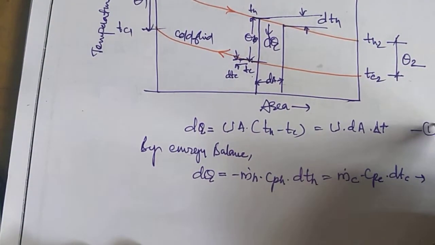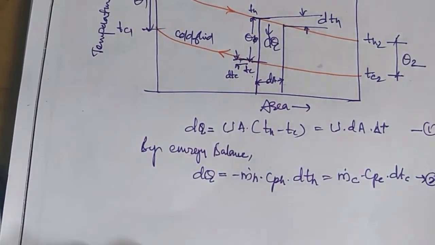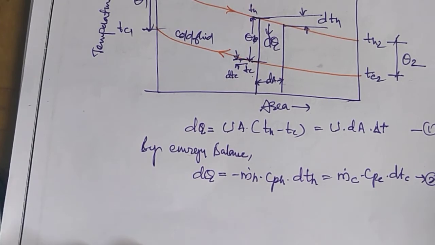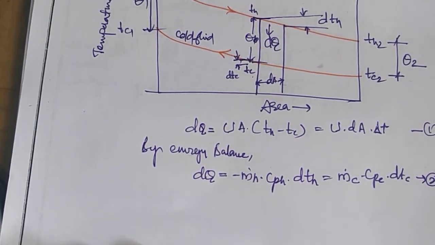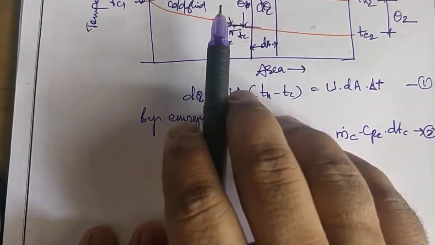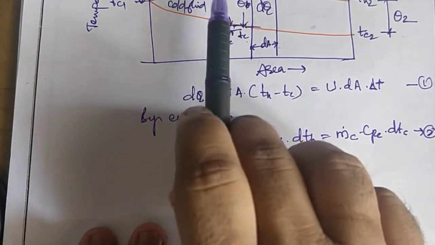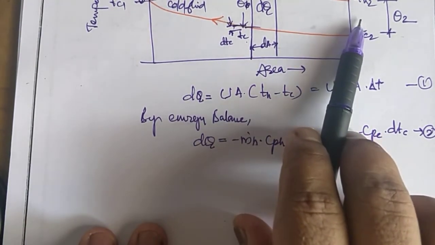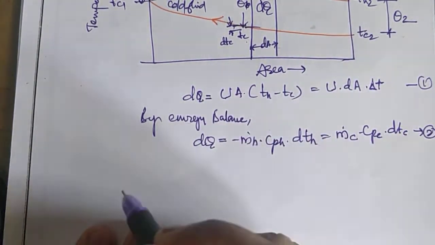This is equation number 1, and this is equation number 2. So in the counterflow system, the temperature of both fluids decreases in the direction of the heat exchanger length, hence the negative sign, because it decreases. In counterflow the temperature of both fluids, hot as well as cold, decreases along the length, so it is in the negative direction.